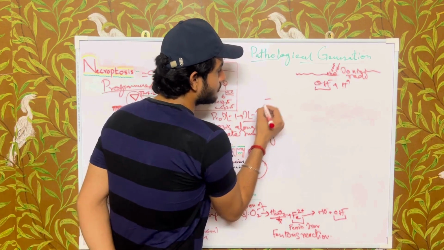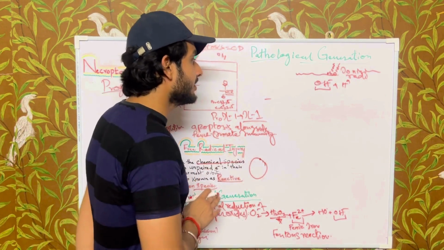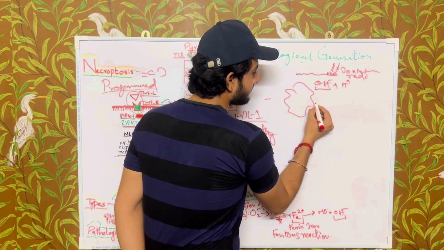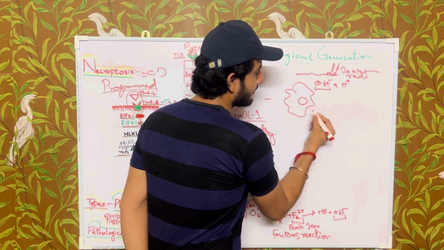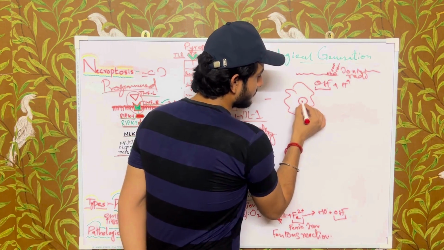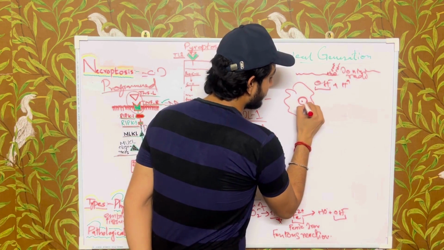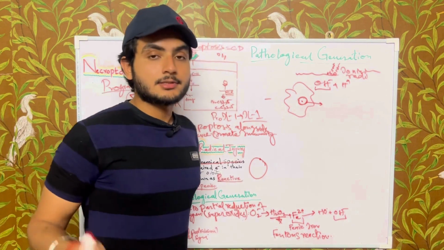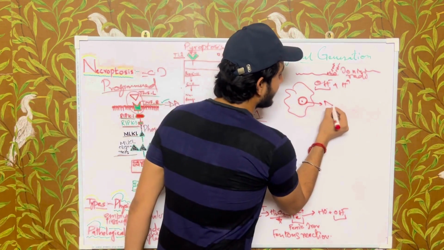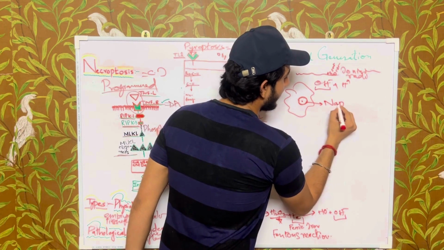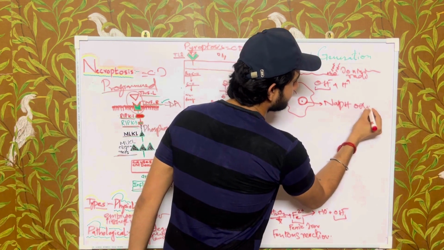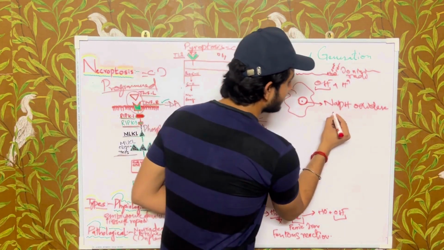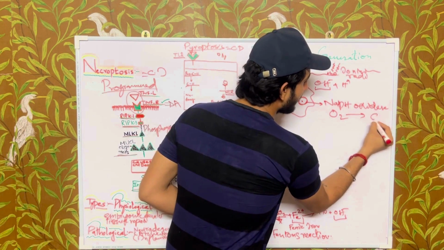Free radicals are also generated within the macrophages during inflammation. What happens? When these macrophages engulf any microbes, a phagosome is formed. The membrane of this phagosome contains an enzyme known as NADPH oxidase. This NADPH oxidase causes the conversion of oxygen into the superoxide ion.